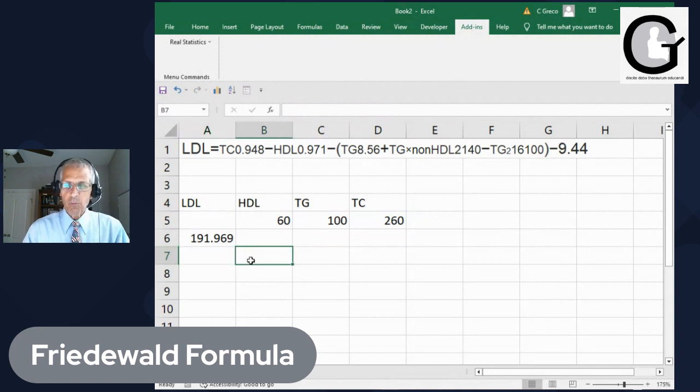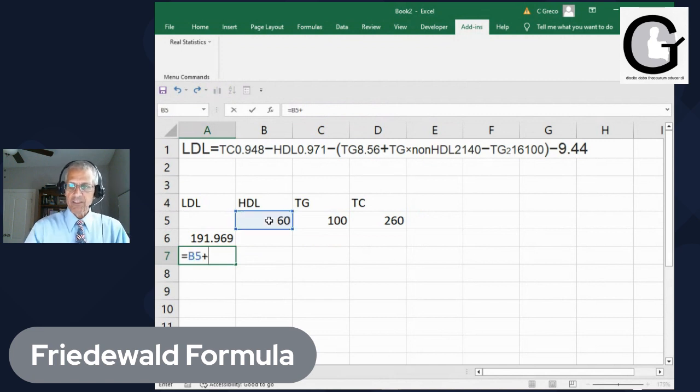What if we went back to the Friedewald? We said that's going to be equal to total cholesterol minus HDL minus triglycerides over 5.